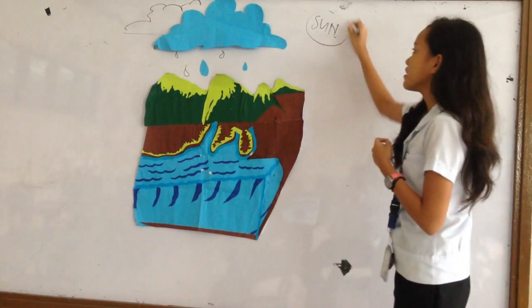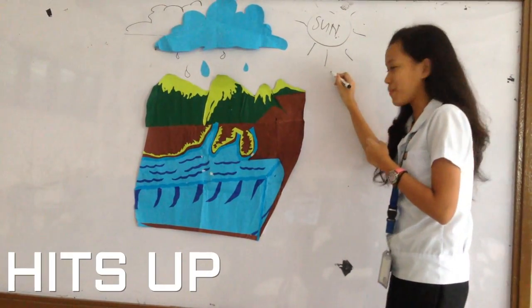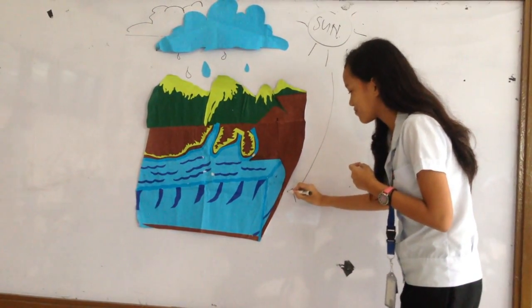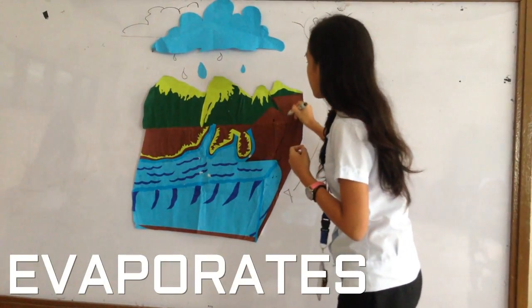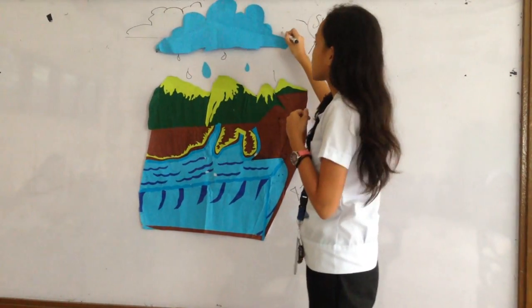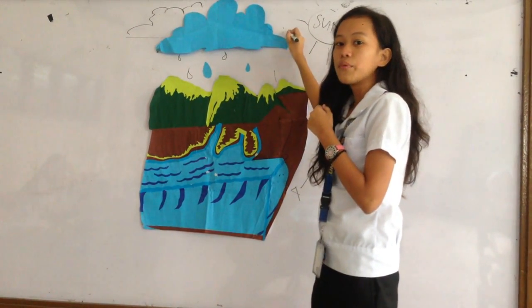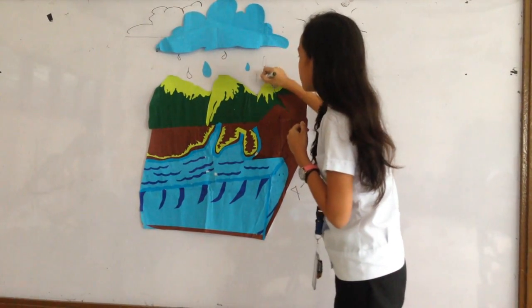The sun heats up the bodies of water, and the water evaporates and forms clouds. The clouds become heavy with water vapor, then precipitation will proceed.